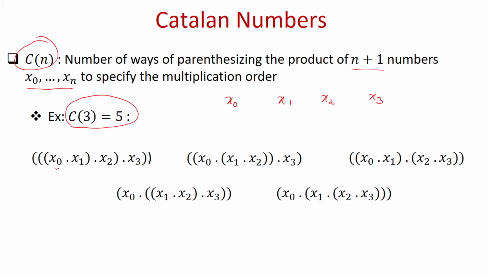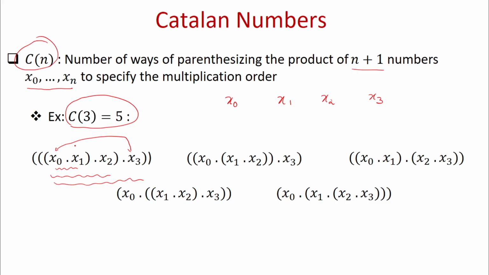The first ordering should be interpreted as follows. I first multiply x0 with x1, then the resultant product is multiplied with x2, and then the resultant product is multiplied with x3. As I said, I am not allowed to swap positions. That means I can't say let me first multiply x0 and x3 and then multiply it with x1 and so on. That's not allowed.